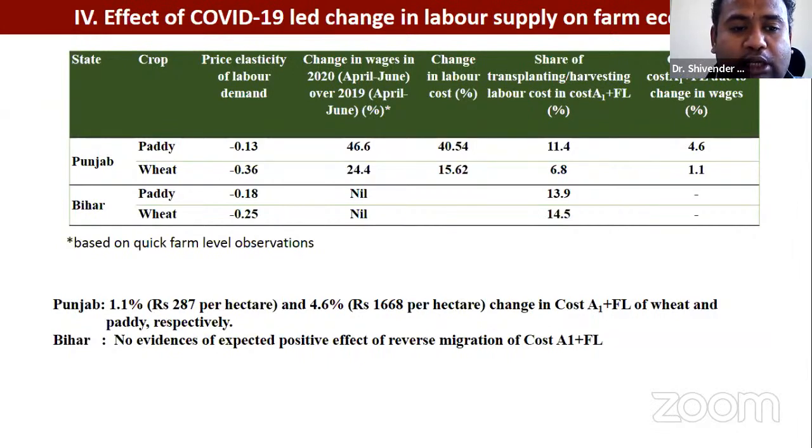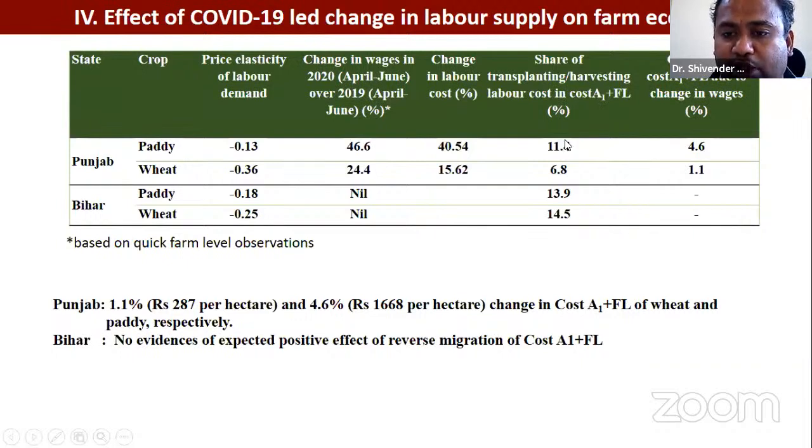But in the case of Punjab, it led to about a 4% increase in the cost of cultivation, because total labor cost increased by 40% or 15%, but we also need to multiply with a factor, because it was only one operation which was performed in that particular period, that is the transplanting for paddy and harvesting for wheat.